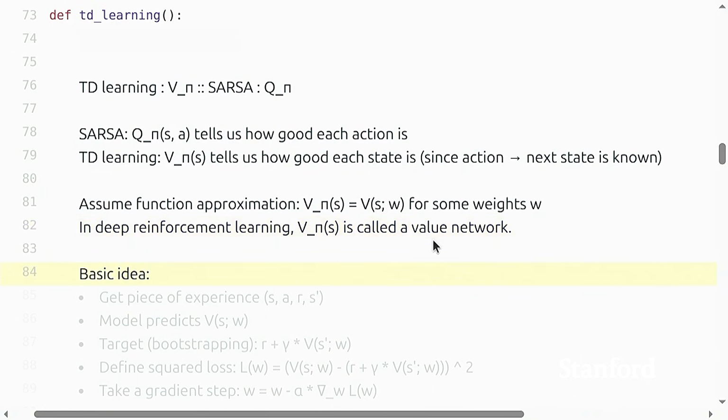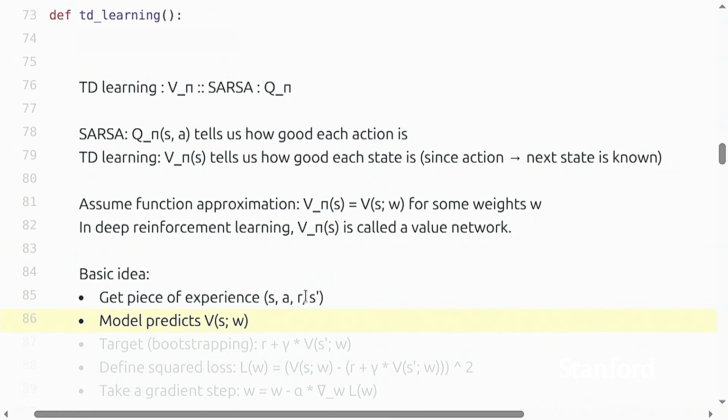Okay, so here's TD learning in a nutshell. You get a piece of experience. You are in state s, you took action a, you got reward r, and then you ended up in state s prime. The model predicts that this state has this particular value, V(s; w), given some parameters.